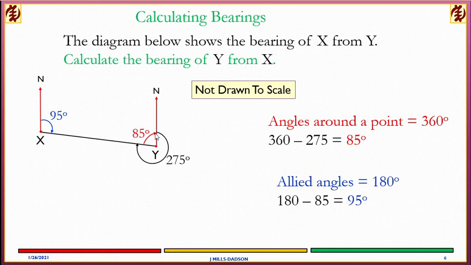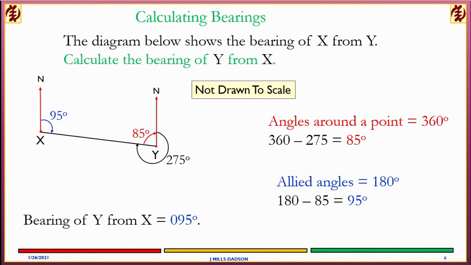So allied angles or co-interior angles add up to 180. That's why this is 95. Now that we know this is 95, we state bearing of Y from X is 095 degrees. Remember, 3 digits. That's why I have to put 0. The angle is 95 degrees, but in terms of bearing, it is 095 degrees.